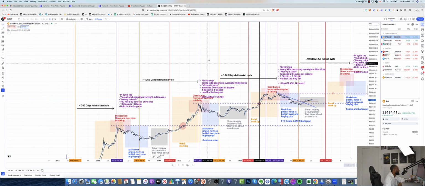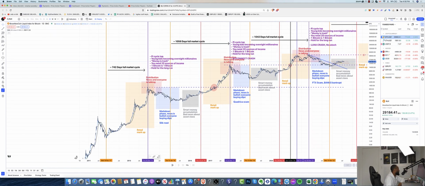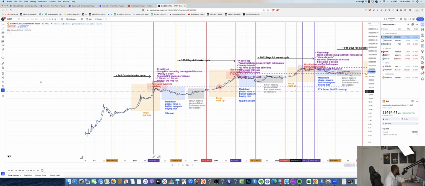And if we actually look at the Bitcoin price, you want to be considerate of the fact that each time Bitcoin reaches a top, the cycle is diminishing in returns, right? So it's pretty much flattening out, right?